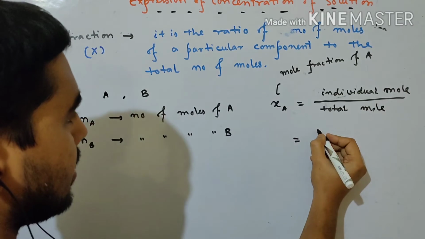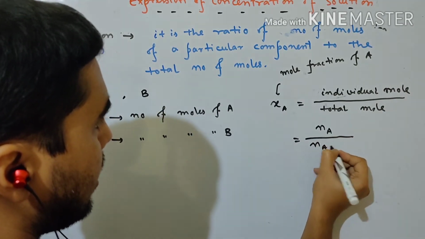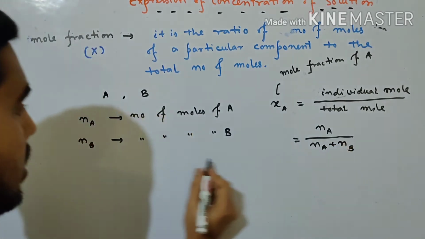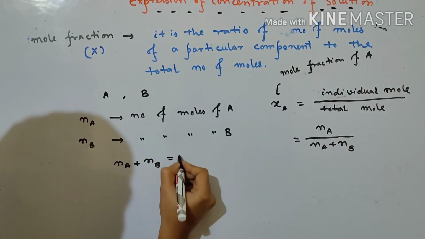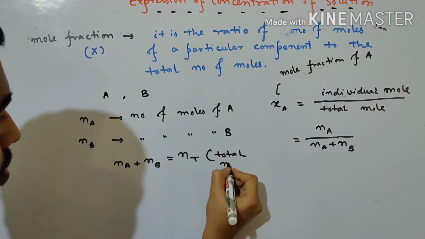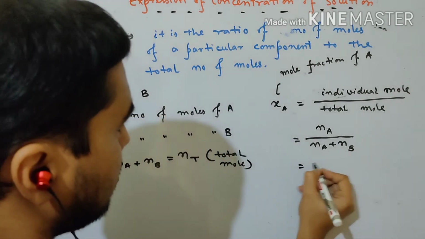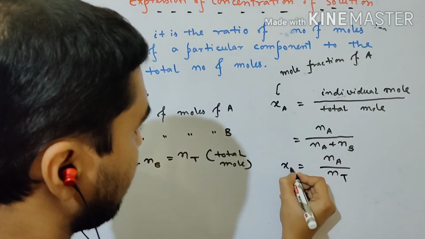That means it should be written as Na divided by Na plus Nb. If we write Na plus Nb is equal to Nt, which is total mole, so it should be Na divided by Nt in case of Xa.